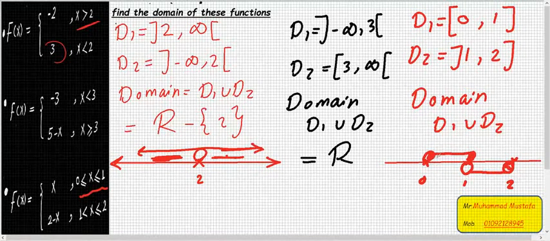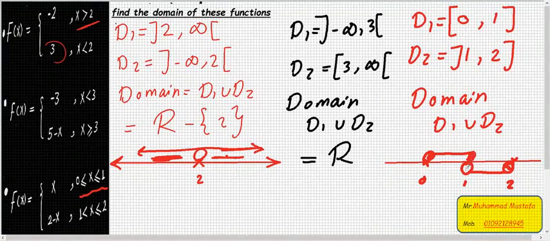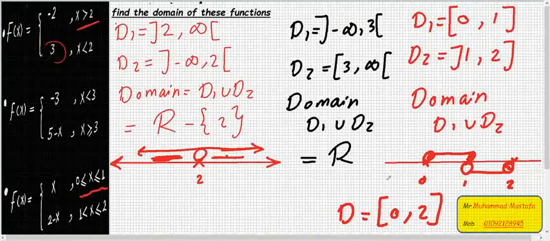We have all real numbers from 0 to 2. The closed covers the open one. Then the domain equals 0 closed and 2 also closed.